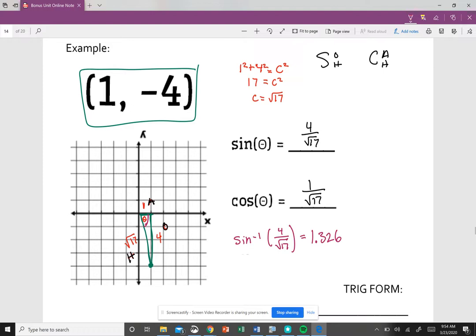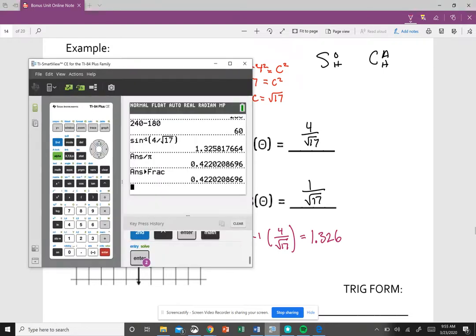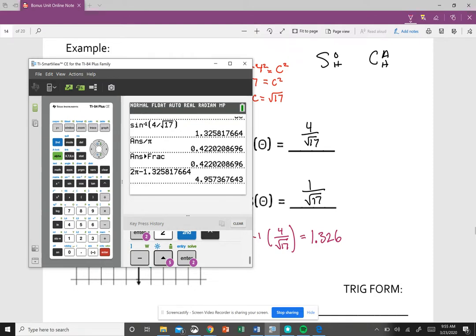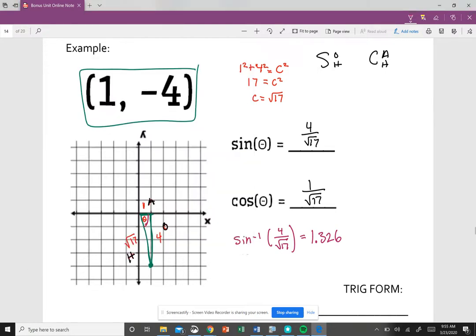So now I need to take 2 pi and subtract that. So I'm going to use my handy dandy calculator and do 2 pi minus this number right there. And I now know that it's 4.957. So my angle, theta, equals 4.957.